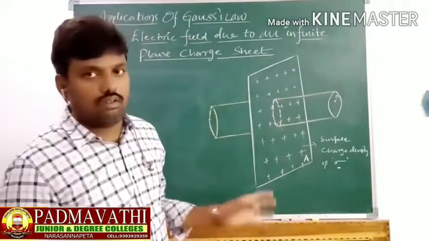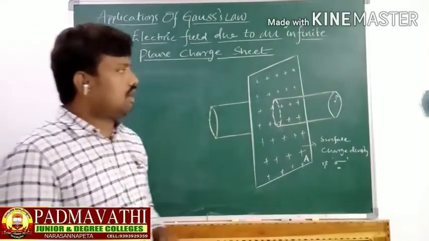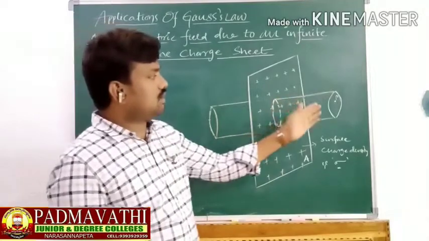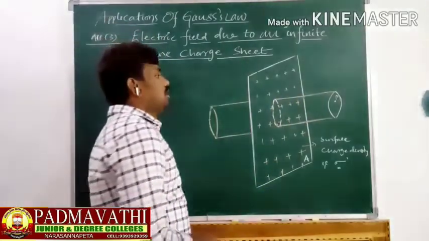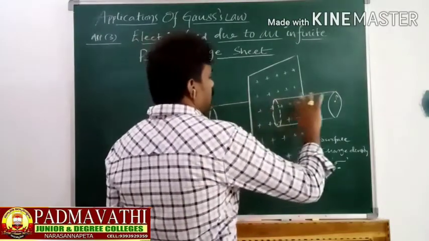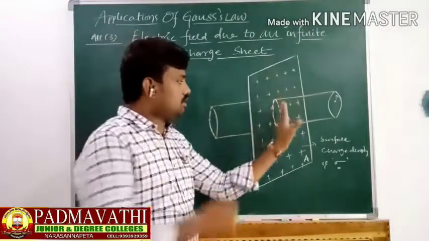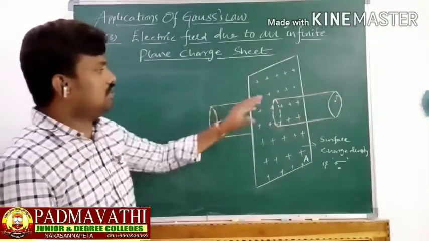So here, the first step is I have to assume a Gaussian surface. In the Gaussian surface, P should be a point. So here, I am going to take a cylindrical Gaussian surface which is passing through this sheet.